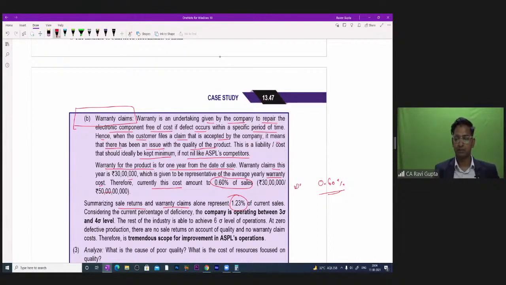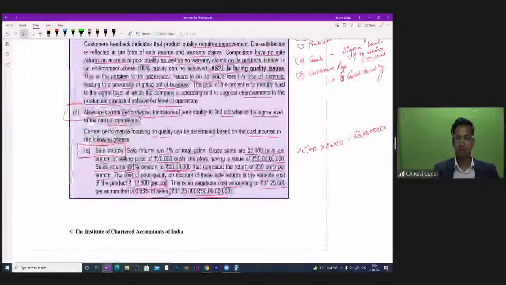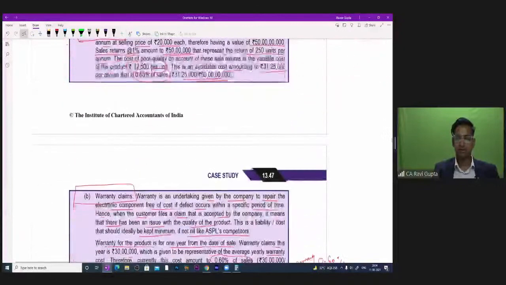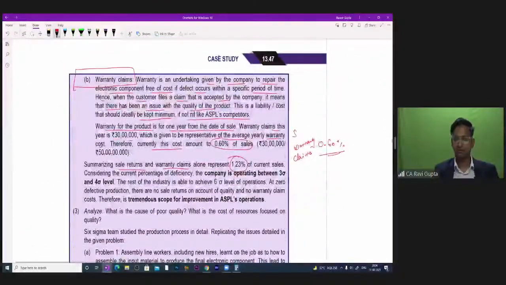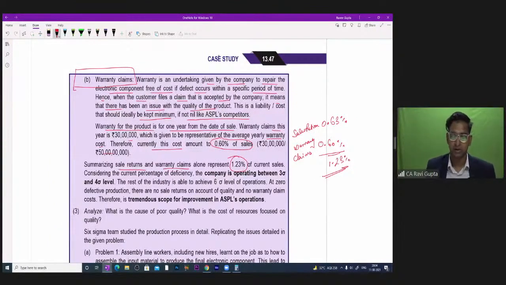Warranty claims, it's warranty claims. And sales return is 0.63%. The total is 1.23% of the current sales.